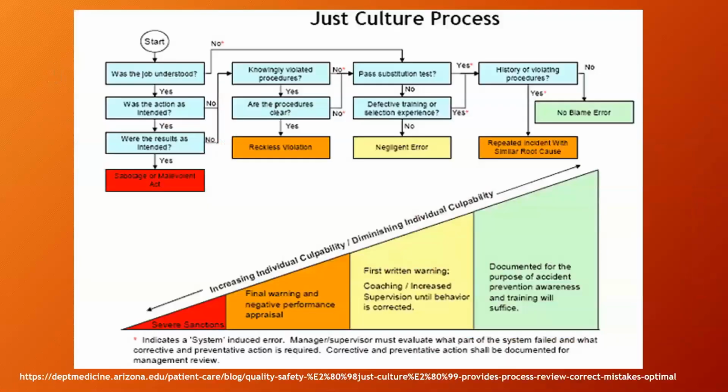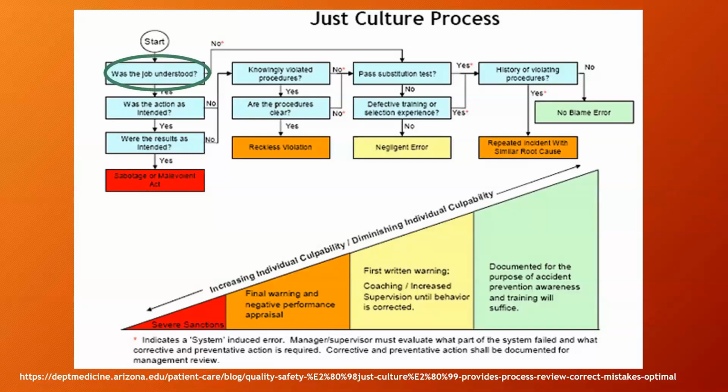I do want to show you, however, the algorithm, or a simplified part of the algorithm. We're just going to look at a couple of questions to let you see where the questions I've already talked about fit in here. Because it is such an important part of healthcare today, I think it's really important that preceptors use the same mental framework when you're dealing with a student who is making errors. So the first question is, was the job understood?